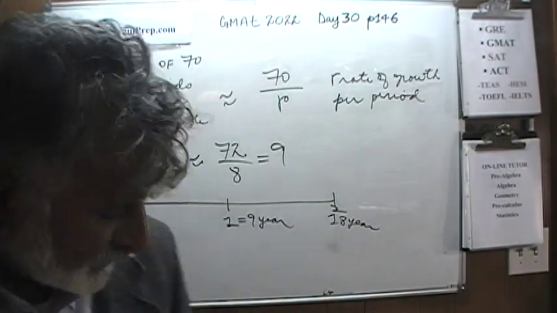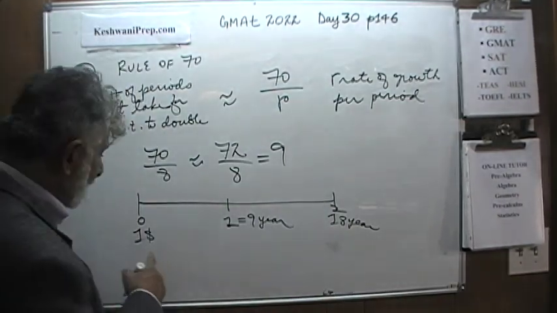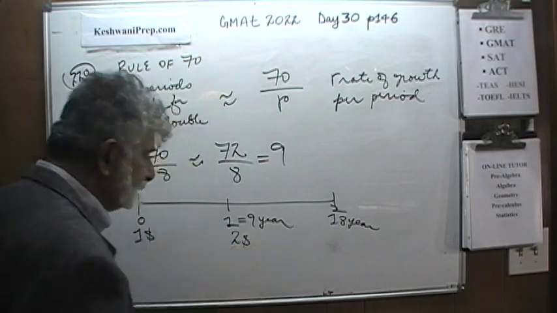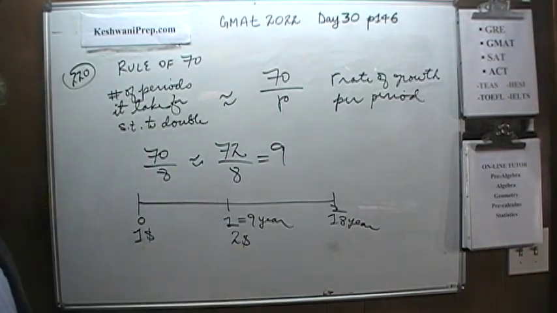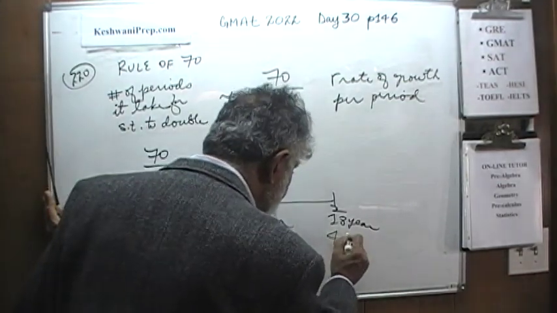In 9 years' time, your $1 will become $2, growing at 8% a year. And in another 9 years, that $2 will become $4.